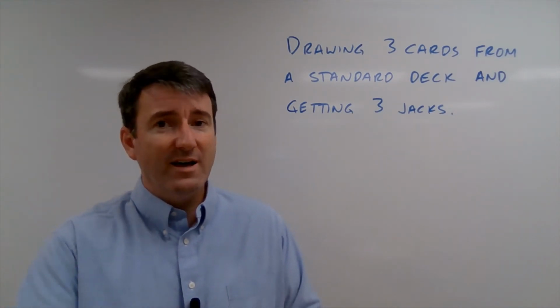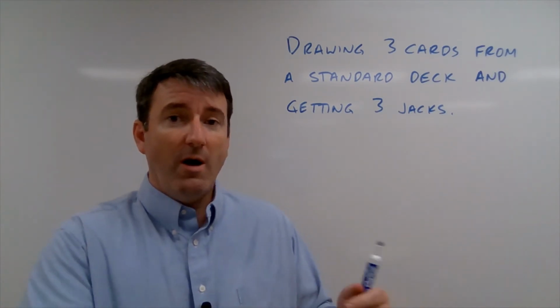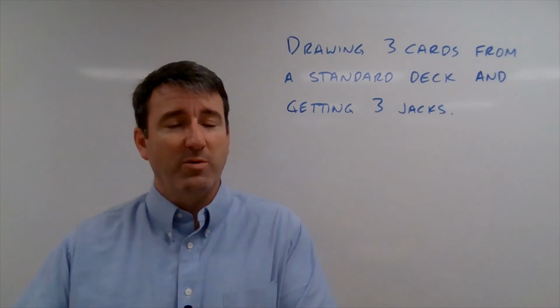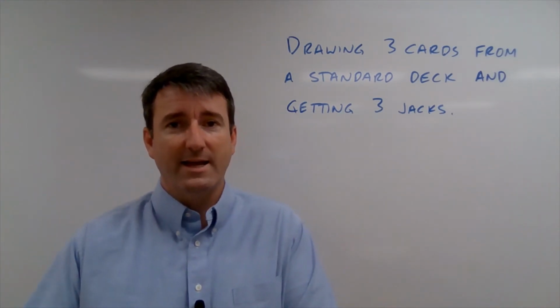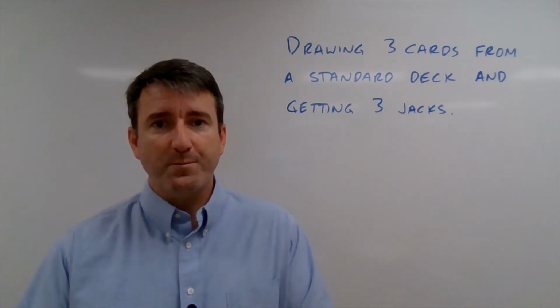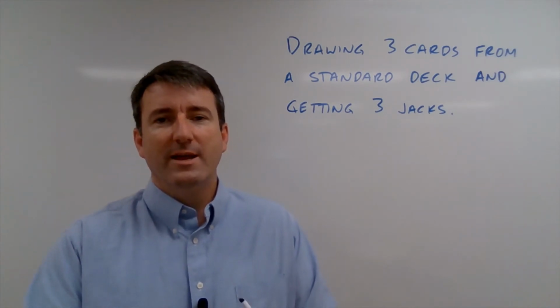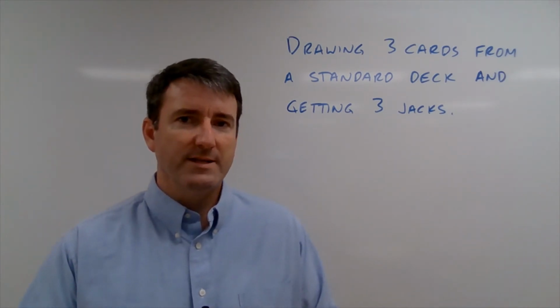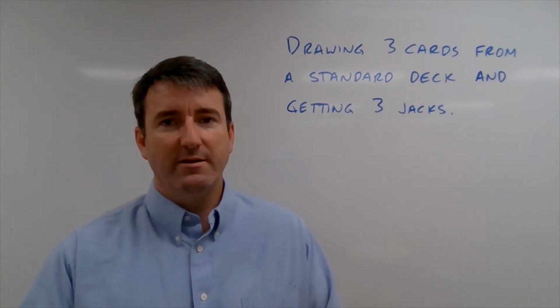Well, here, because we're not replacing the cards after we've drawn them, drawing one card does affect the probability of drawing the second card because there are fewer cards in the deck for that second and third draw. So if we had replaced the cards and shuffled them, then these would be independent events. But since we're not replacing the cards, these are dependent events.